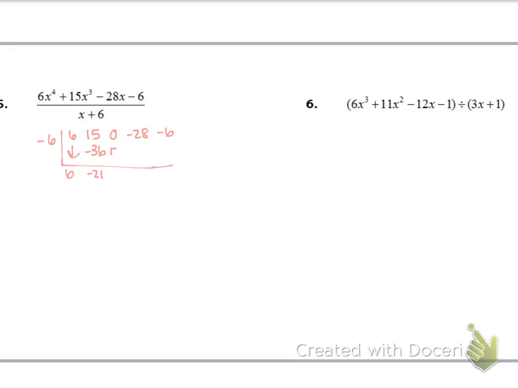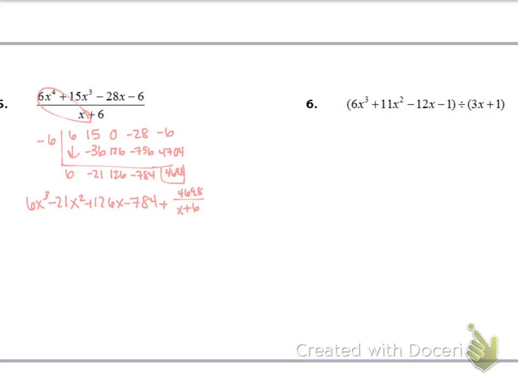Multiply on the outside, add on the inside, and repeat. So 4, 6, 9, 8. I started at fourth, and I dropped down to cubed because we divided an x out of it. So minus 21x squared plus 126x minus 784, plus we got that remainder over what we're still trying to divide out of it.